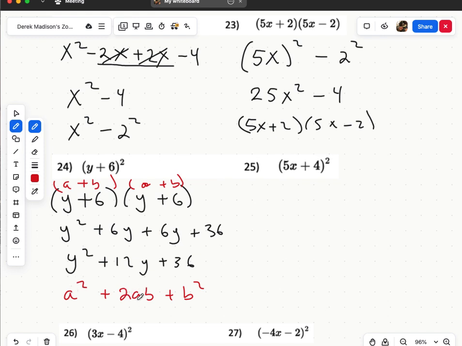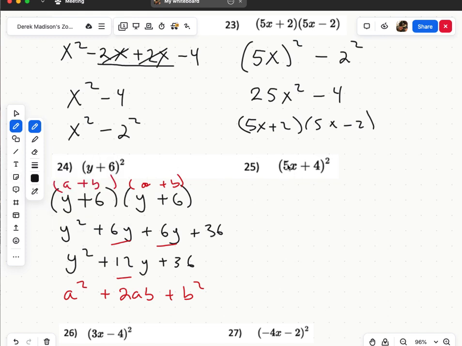We're supposed to go 2 times a times b, so 2 times y times 6, because the a is the y and the b is the 6. So I just look at whatever's here, and I multiply these two things together and I double it. So that would be 6y, and then doubled, there's our 12y, and that's going to double because we always get 2 factors of that. And then 6 times 6 would be the 36 on the end.